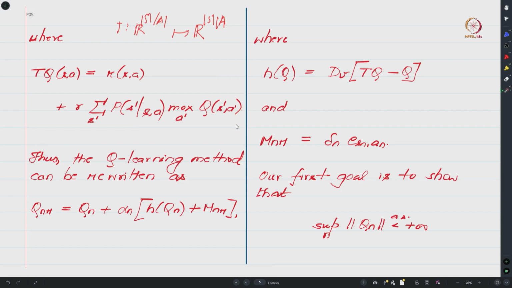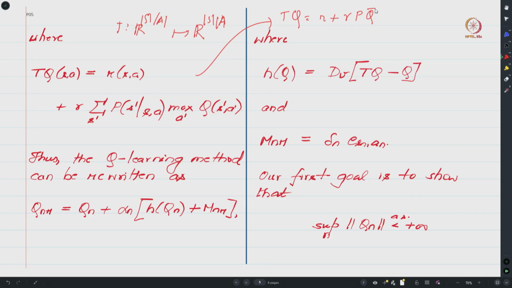So if you put it all together, one can see that TQ is precisely R plus gamma P Q bar, sorry, Q bar.